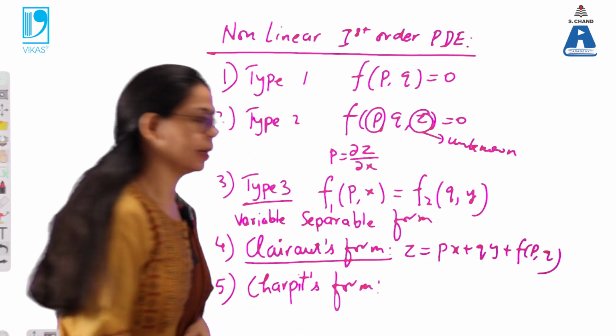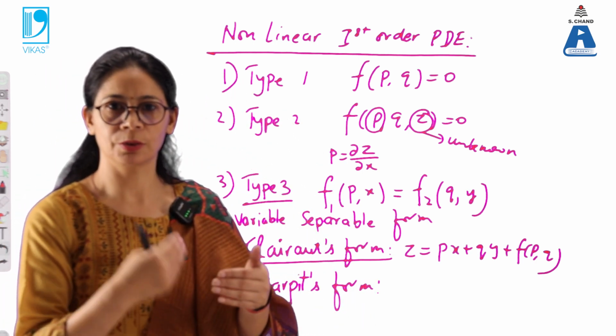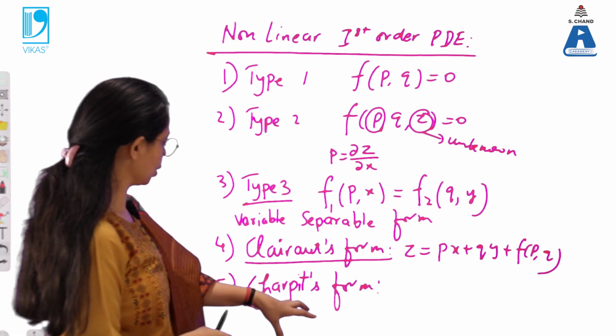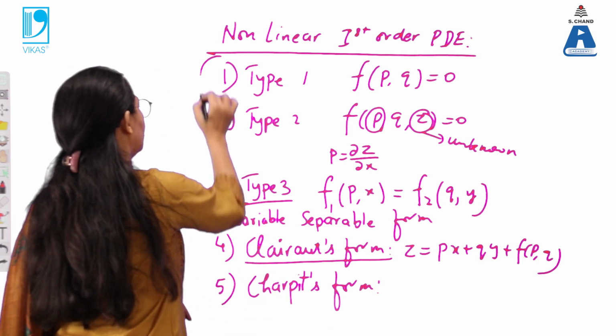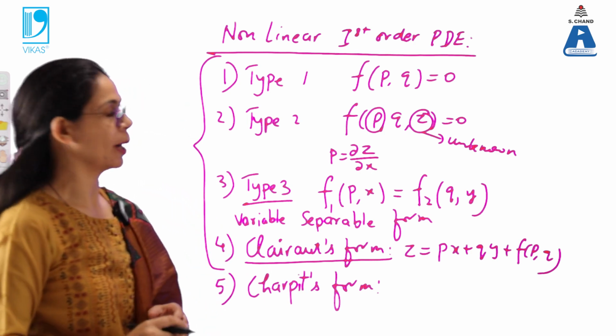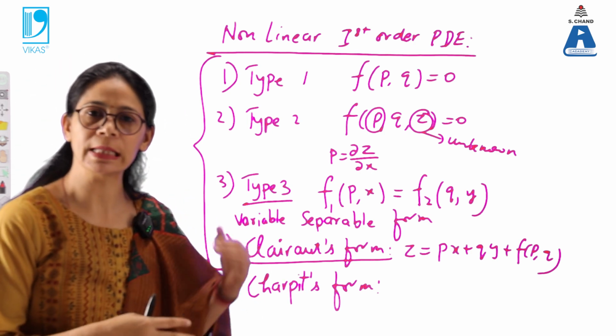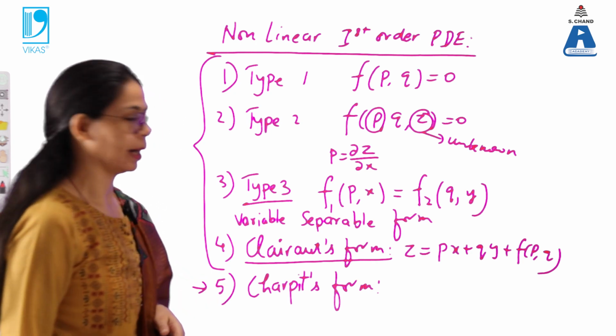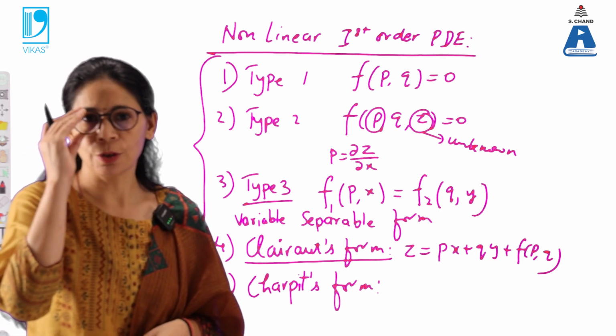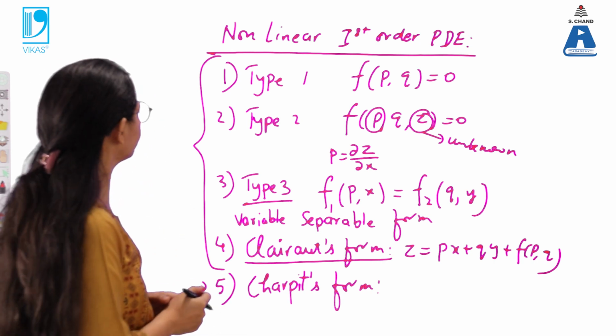For Charpit's form, there is no strictness that the differential equation should be written in this form. If the given partial differential equation does not fall in these four categories, it can definitely be solved by the Charpit's form. So we will take them one by one.